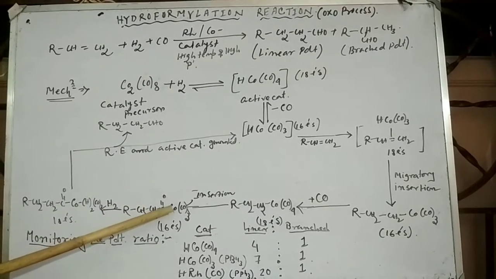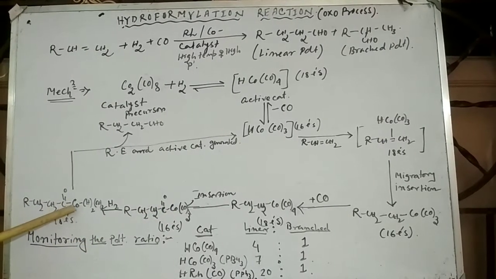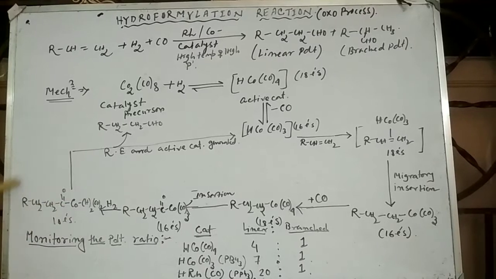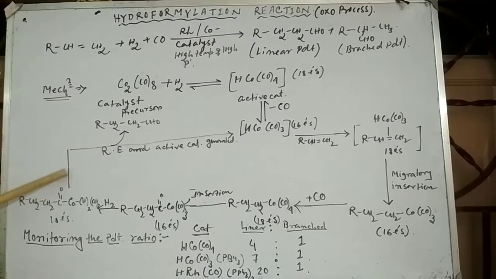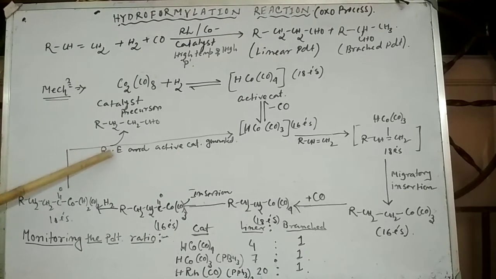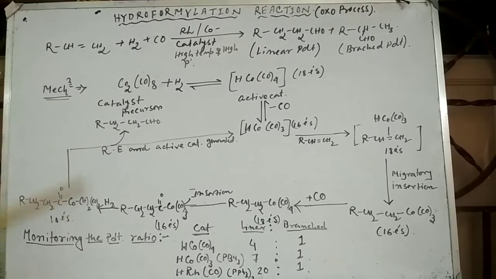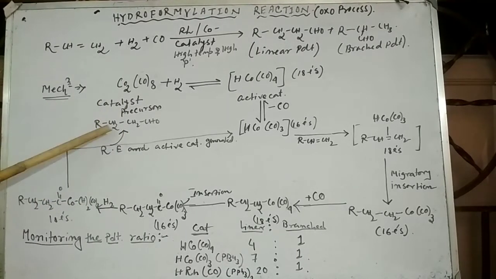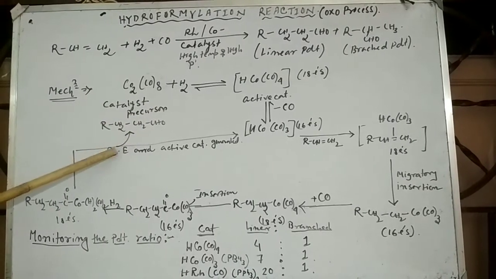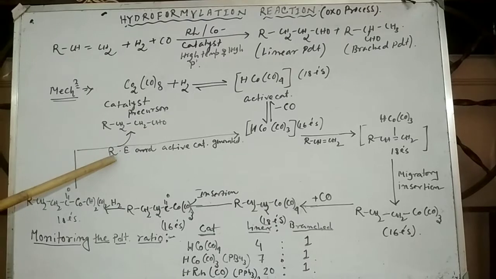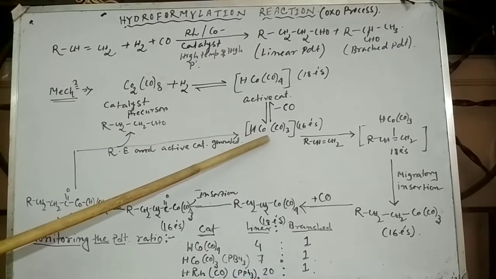Here cobalt is in the +1 state, but after this step cobalt is in the +3 state, and it follows the 18 electron rule. In the final step, reductive elimination takes place. That means RCH2CH2CHO is eliminated, and this linear chain product is eliminated by the reductive elimination reaction, and the active catalyst is generated.